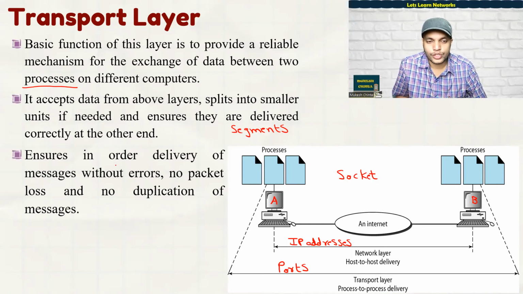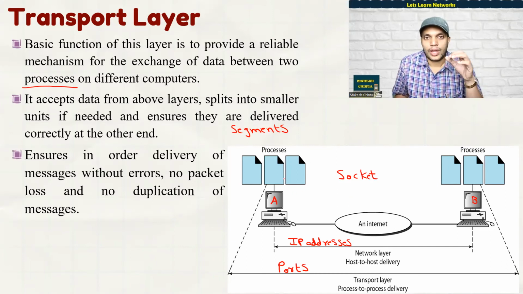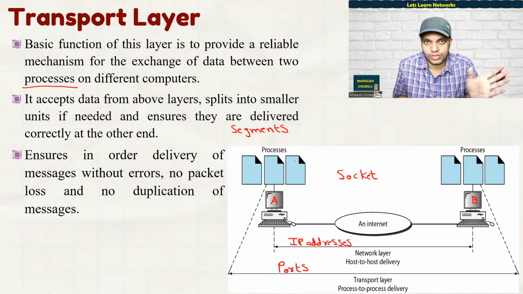So your transport layer ensures in-order delivery of messages without errors, no packet loss, and no duplication of messages. In other words, it provides the reliability factor. Reliability means you have to ensure that each packet is delivered without errors, only once, and without loss. So all these three are ensured at your transport layer.